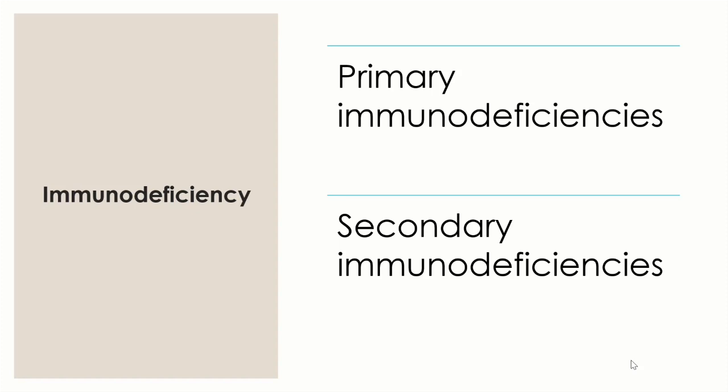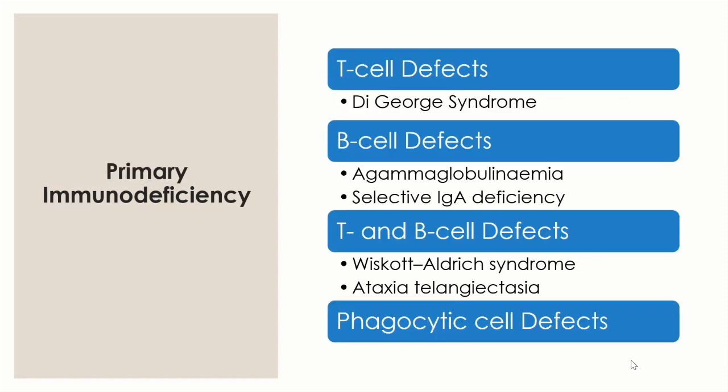Secondary or acquired immunodeficiency are much more common, developed later in life, usually as a consequence of infections, malnutrition, malignancy, or immunosuppressive medication. So for primary immunodeficiencies, it can be broadly classified into four categories. Firstly, the T cell defects.